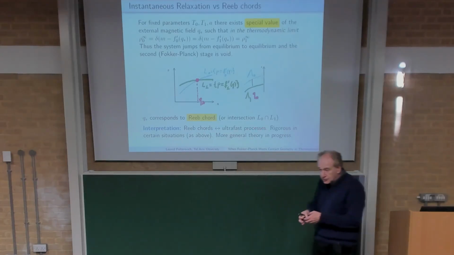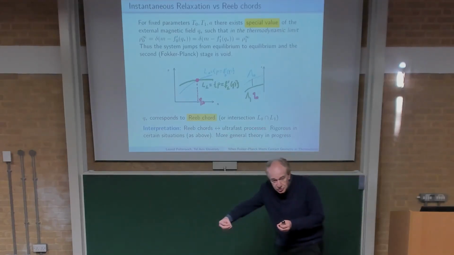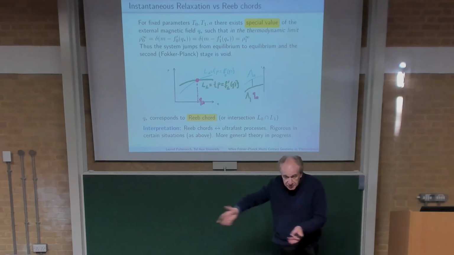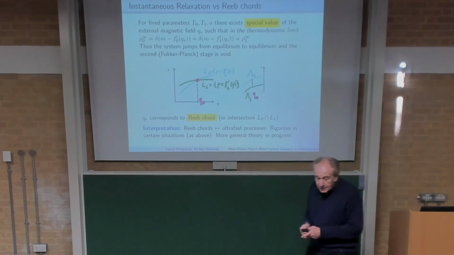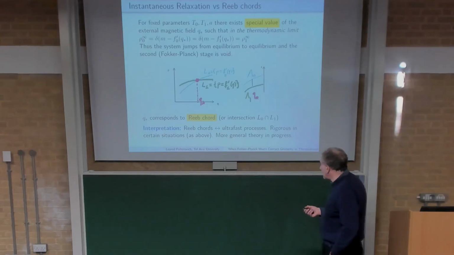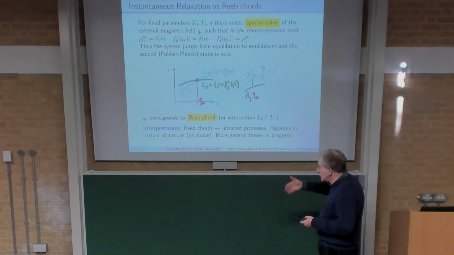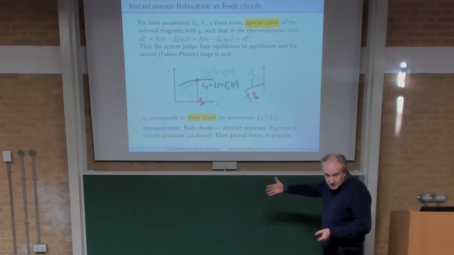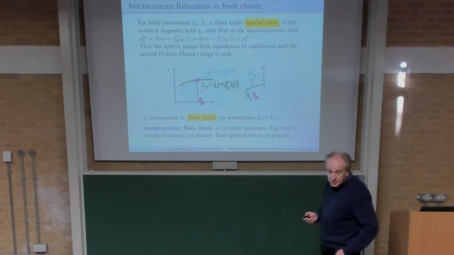They are ultra-fast because the slow evolution to equilibrium with the Fokker-Planck equation is absent. I explained roughly how it works in Fokker-Planck, so we can discuss more general situations where this discussion is rigorous. Any questions?